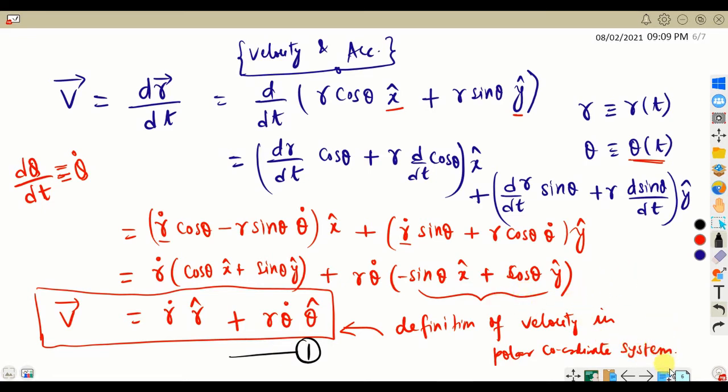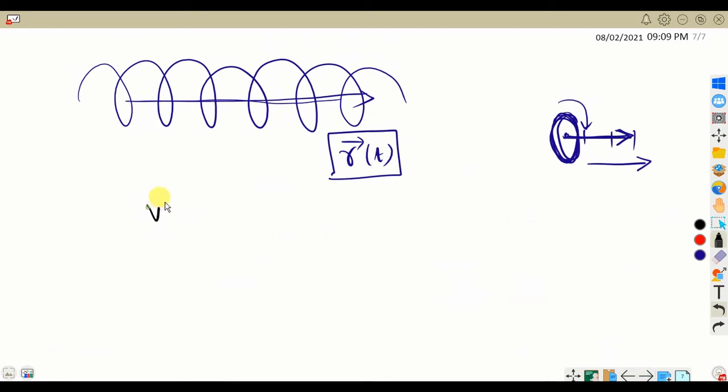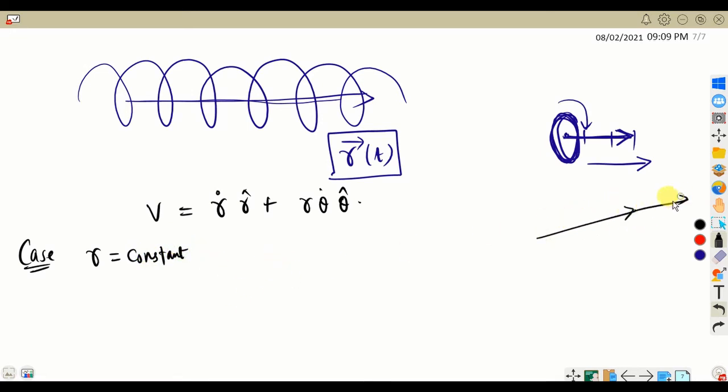Well, what we can do here, you see the velocity. Velocity is r dot r hat plus r theta dot theta hat. Take the case where r is constant. r can only change in the r hat direction. It means that if r is 5 centimeter, the change can take place like 5.1, 5.2 in this r hat direction.